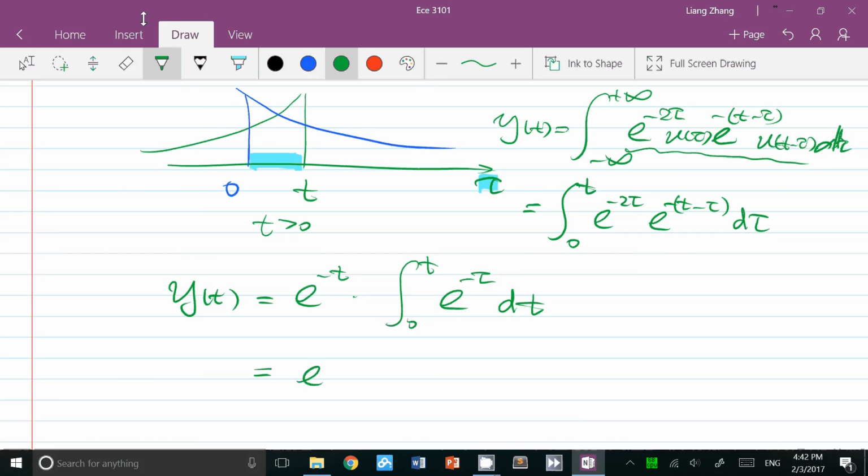E to the negative 2. This will be also a negative sign. And then e to the negative 2 minus positive half plus 1. So equal to e to the negative 2 minus e negative 2t.